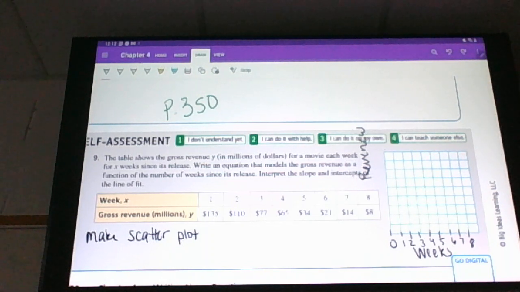I'm going to make this bigger, guys, and go by tens. 10 million, 20 million, 30 million, 40, 50 million, 60, 70, 80, 90, $100 million, 110, 120, 130, $140 million.